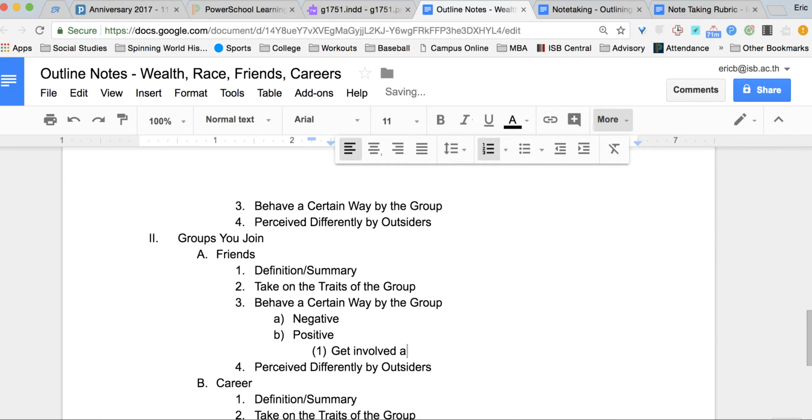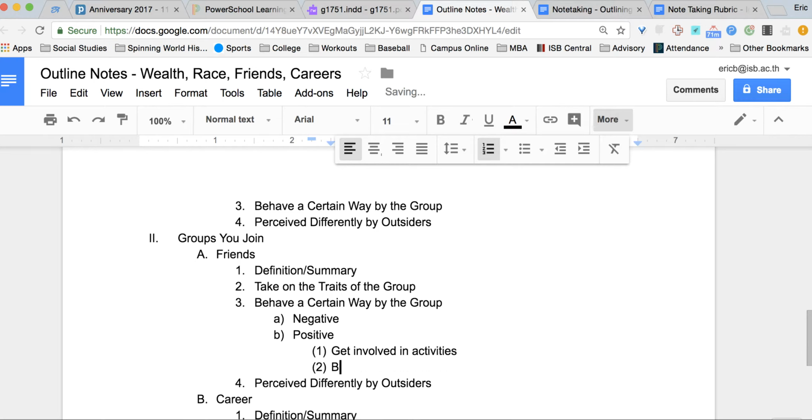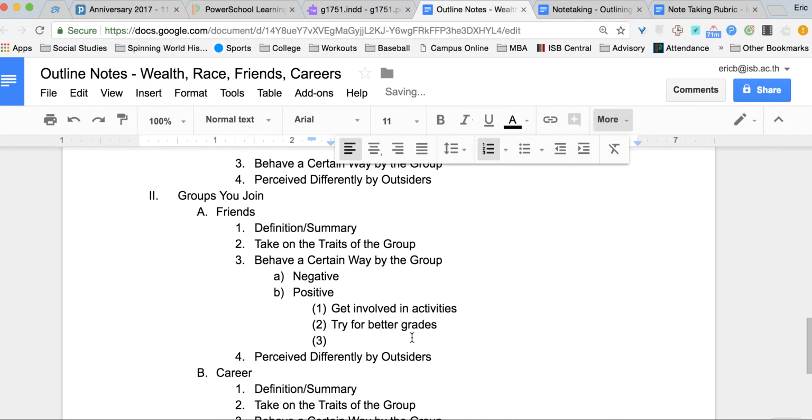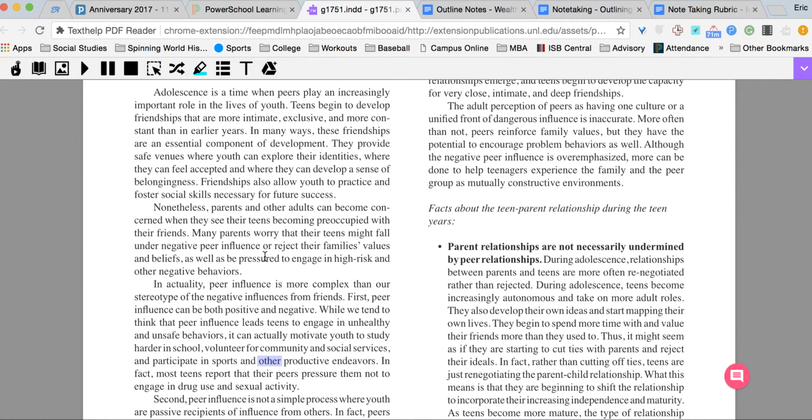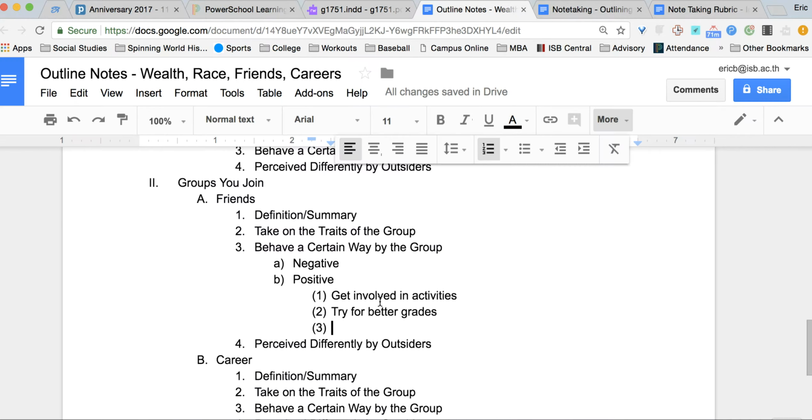And the reason I'm doing it like this is I'm not copying it. Better grades, try for better grades. What else did they have? Community service, study hard, unsafe. Actually, 1, 2, 3. So it had 3. Study harder and join community service.